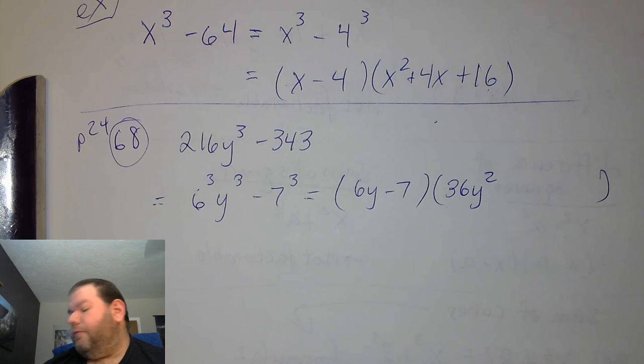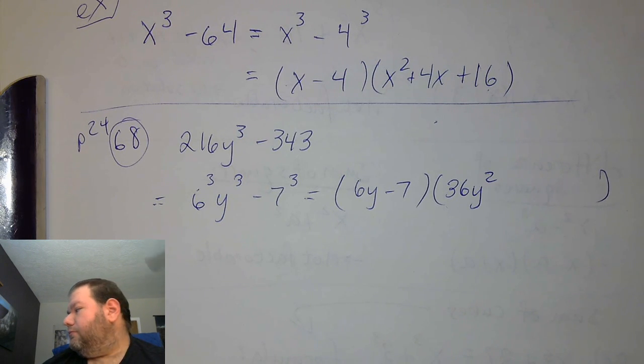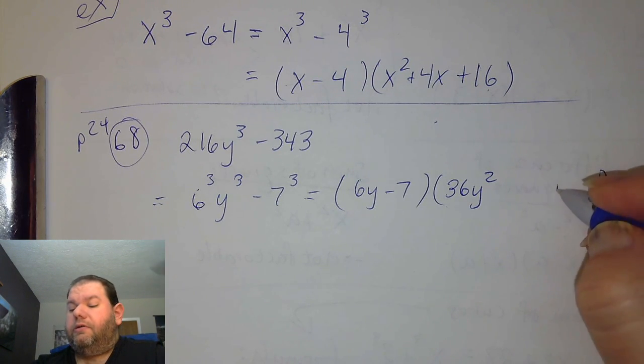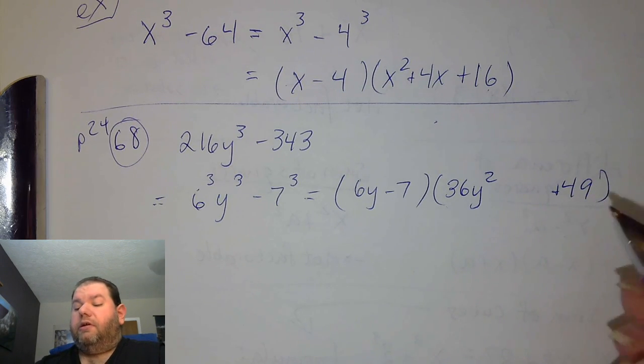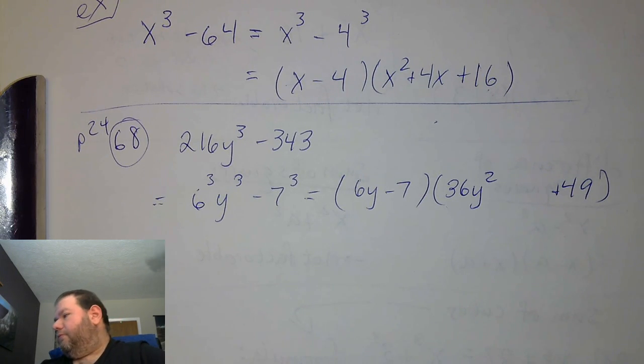Okay. What about the last number here? Plus 49, good. Yeah, 7 squared is 49. What about in the middle, based on these two terms?